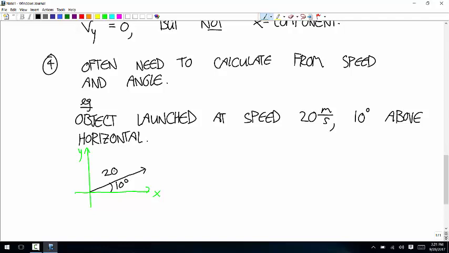And so to express that in components, you start at the positive x-axis, rotate 10 degrees to get to the vector, so theta is 10. And the velocity vector then is 20 times cosine of 10, 20 times sine of 10.